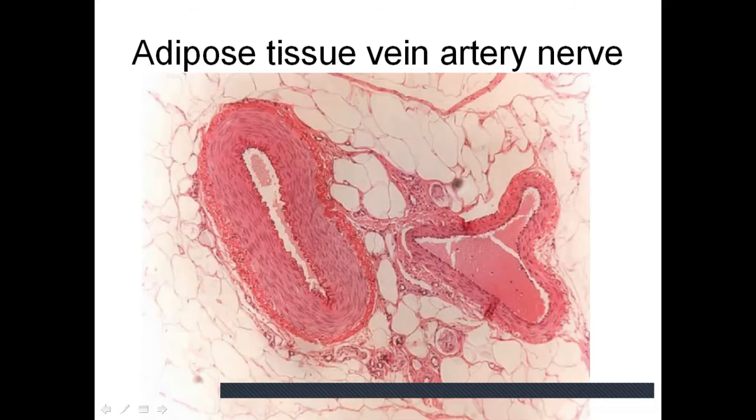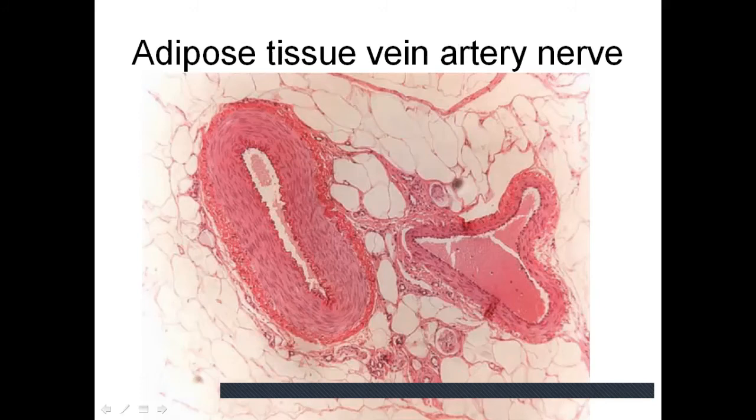The vein, you can see the red blood cells on the inside, a few red blood cells in the artery here. This artery has got a thick external elastic lamina as well as a thinner internal elastic lamina. This artery doesn't have much in the way of adventitia. A little bit more adventitia around this vein.